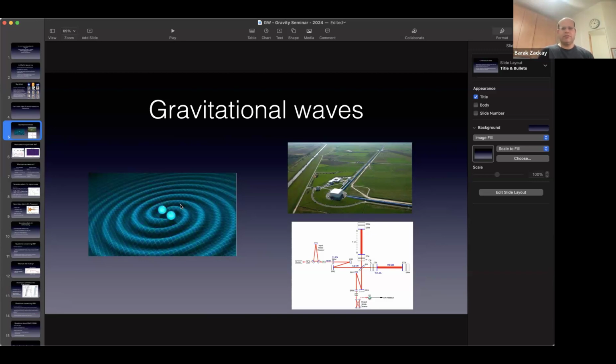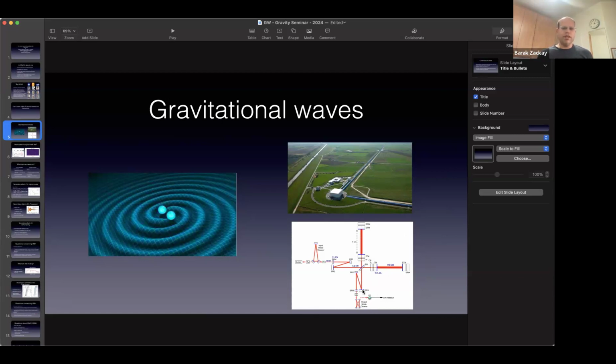Those are marvelous instruments, and any plot of this instrument doesn't do justice to it. But if you just want to get the gist of it, it's an interferometer. What you are measuring is the delta length between the two arms of the interferometer.